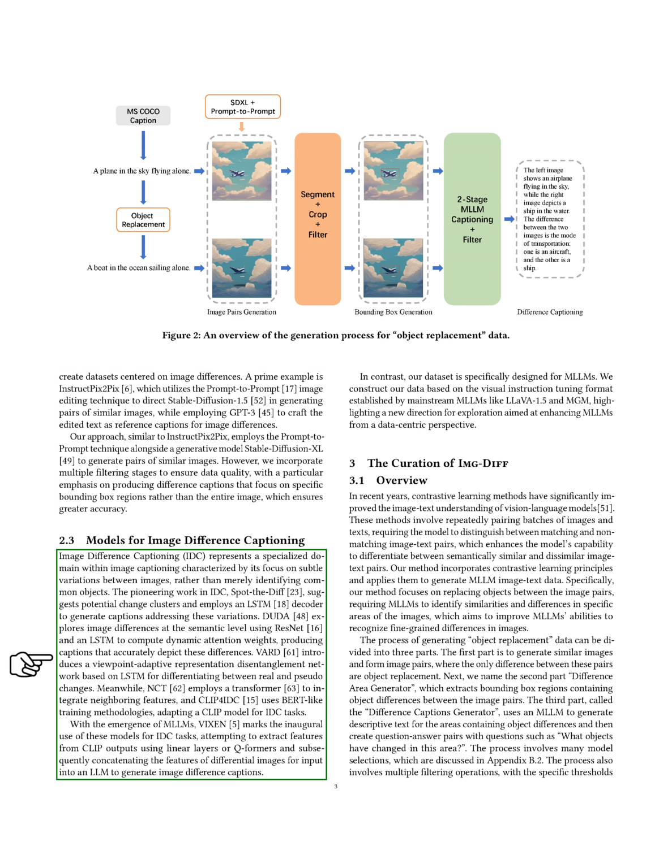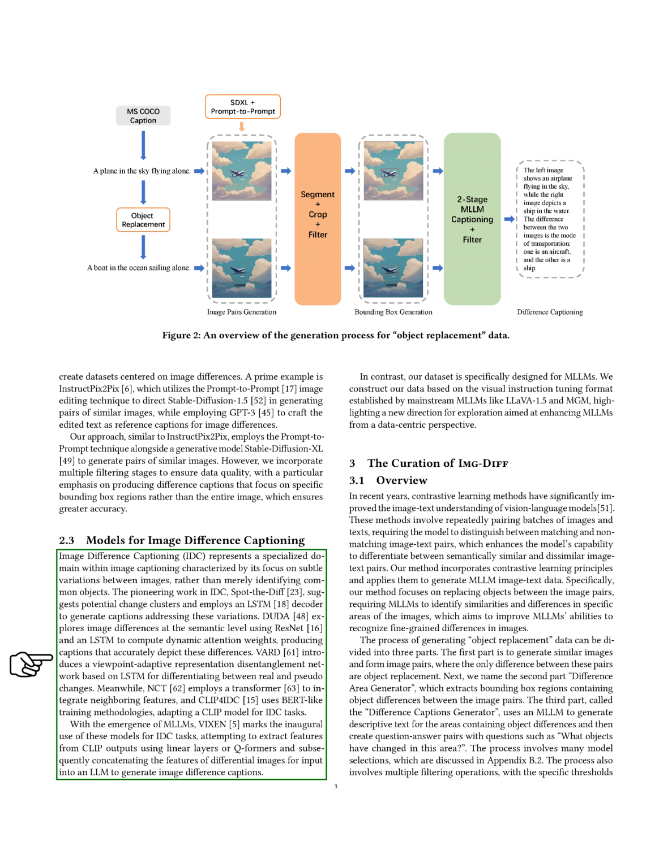Next, we explore image difference captioning, IDC, a specialized area of image captioning that emphasizes subtle variations between images instead of just identifying common objects. The initial work in IDC, Spot the Diff, suggests areas of change and uses a specific type of decoder to create captions for these variations. Other models, like DUDA and VARD, use different techniques to analyze image differences at a deeper level.